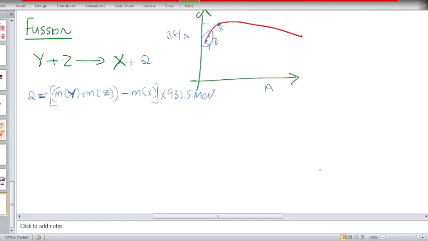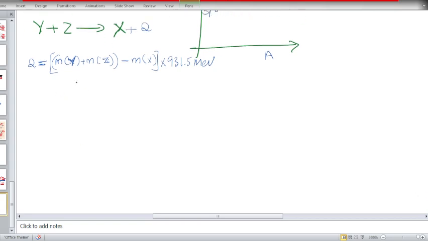Now you have another important thing, that is fusion in stars. First, you have to consider fusion in the sun. When you consider fusion in stars, there are many other theoretical aspects.